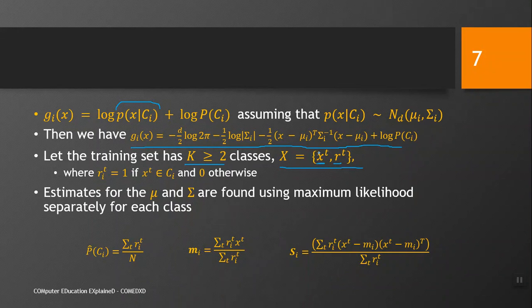For example, x may represent age and income, and this represents the car that they buy, where r_i^t is equal to 1 if x^t belongs to C_i and 0 otherwise.